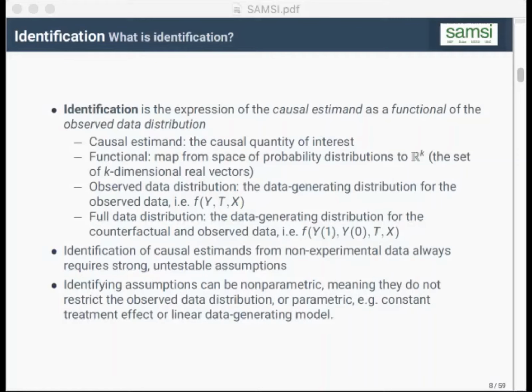But sometimes researchers also will use parametric assumptions like constant treatment effects or linear structural models, linear data generating models, in order to get identification.